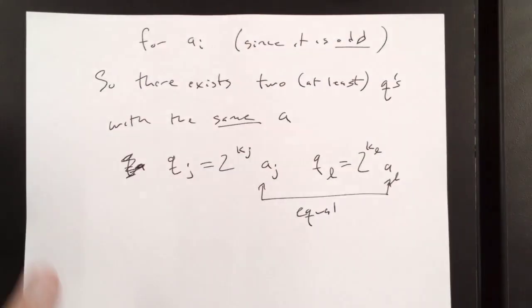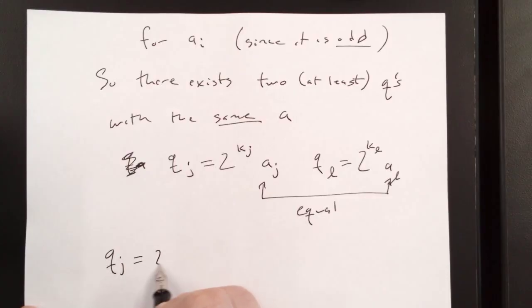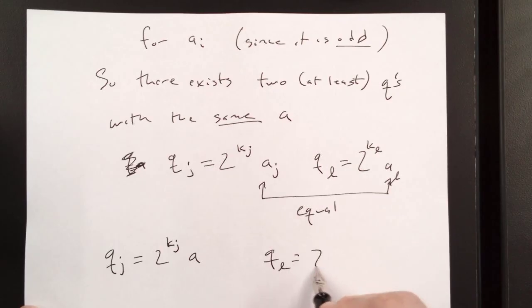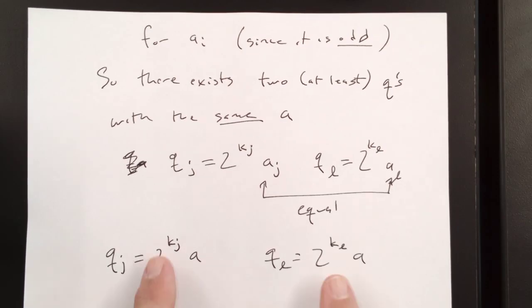So I'm going to take away the subscript from the a. q_j equals 2 to the k_j times a, and q_l equals 2 to the k_l times a. How do I know which of those numbers divides the other one? The bigger one's going to be the smaller one times some power of 2, right? So I just need to know which of those is bigger in terms of the power of 2.